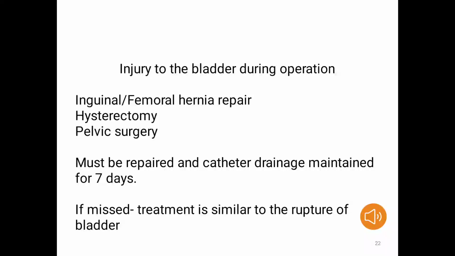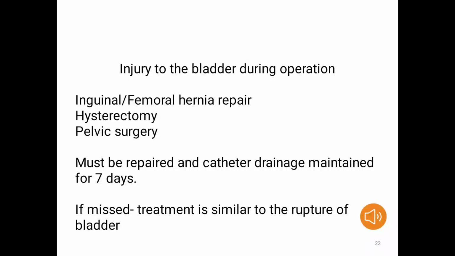Rupture of the bladder during operation can happen in inguinal sliding hernia repair, femoral hernia repair, hysterectomy, and pelvic surgeries. The main idea in this scenario is to identify the injury or rupture, then repair it, and put a catheter for up to 7 days. Sometimes there is a chance of missing the bladder injury, and later the patient will present with severe abdominal pain and not be able to pass urine.